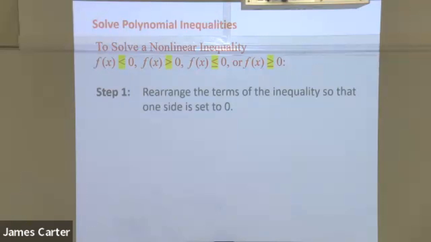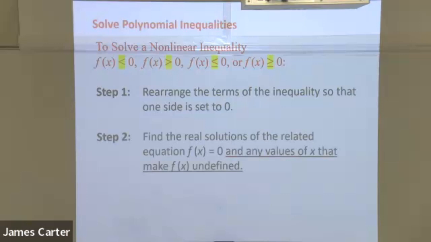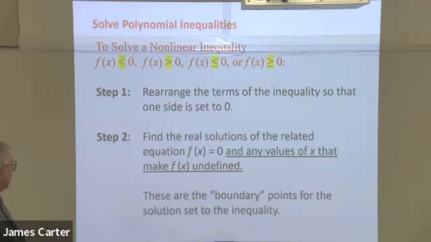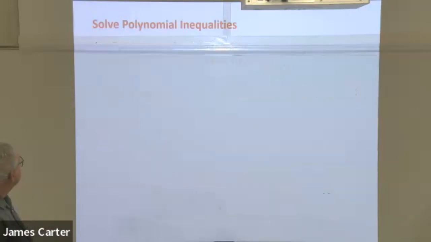Now, what this is saying is, get a 0 on one side, and then figure out what your values are. Now, I don't teach boundary points. Okay, I'll warn you that ahead of time. But let's go on.